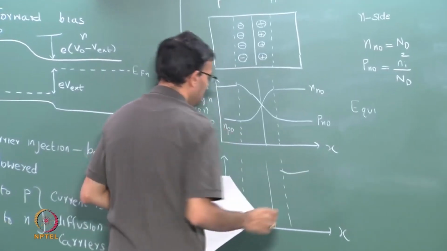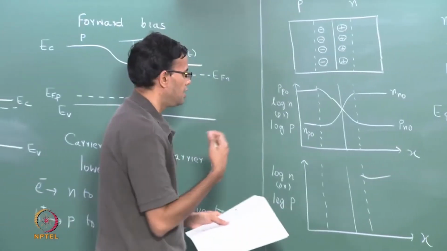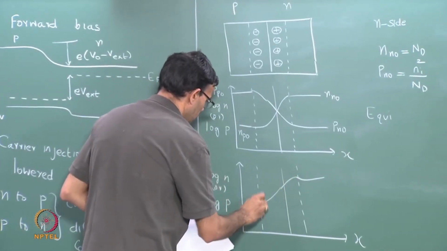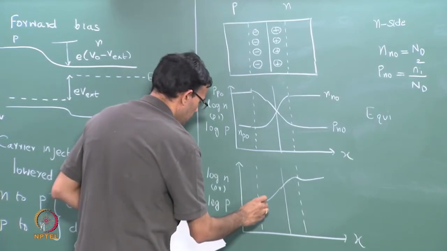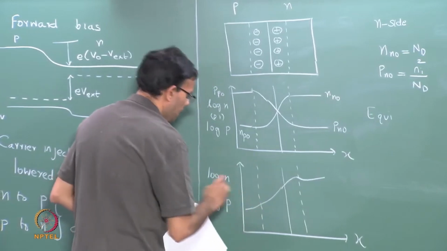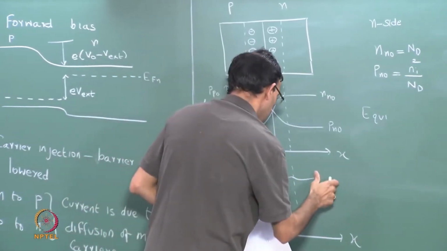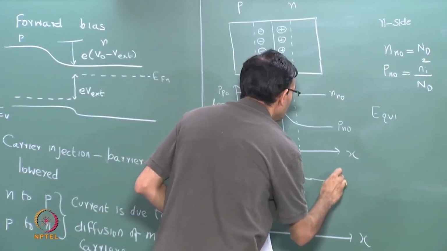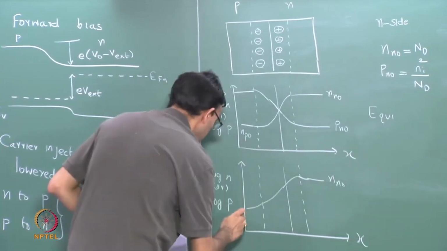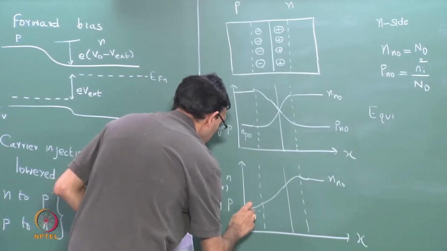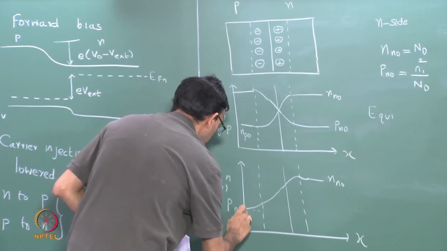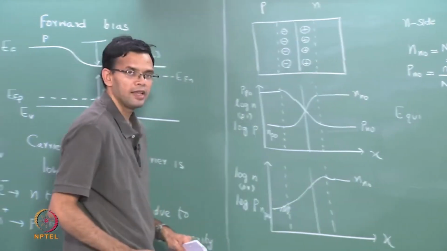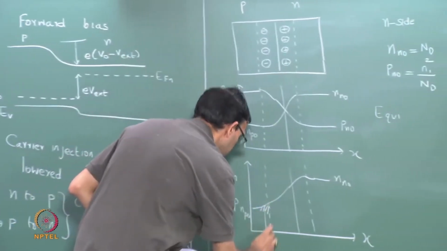So we are injecting some carriers, which means there is an extra concentration of electrons on the p side, and then ultimately it goes back to your baseline. So this, we just draw it straight, this n naught, this is n p naught. We have some extra concentration of electrons on the p side.